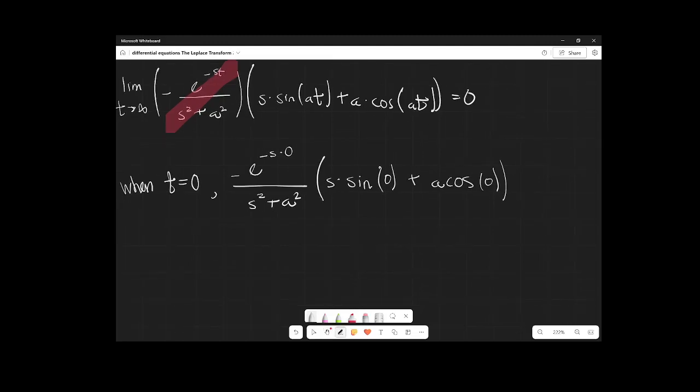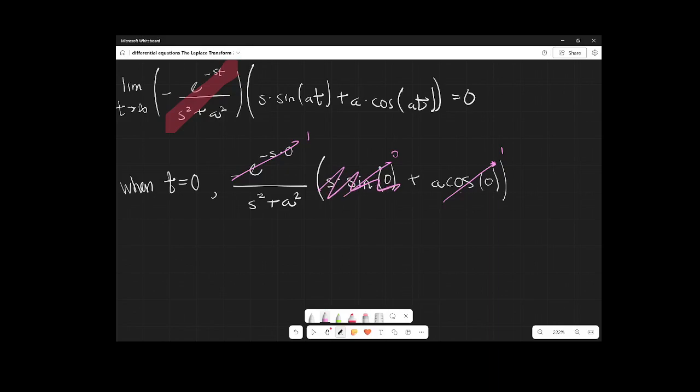All right, and let's just start crossing stuff out here. So e to the 0, that's 1. Sine of 0 is 0. A cosine of 0, well, cosine of 0 is 1, so we keep this a here. That term's away.